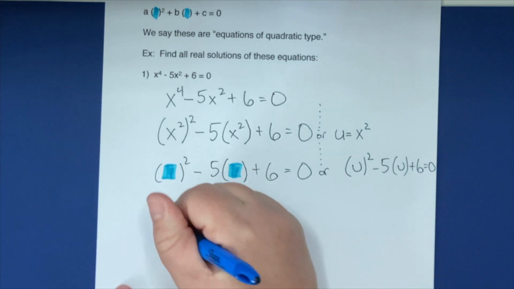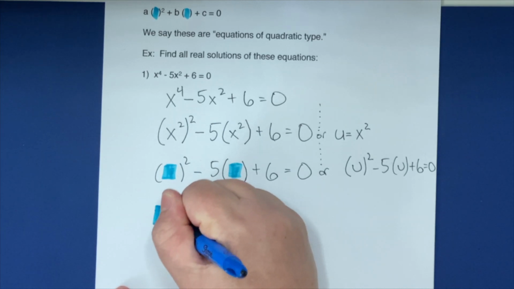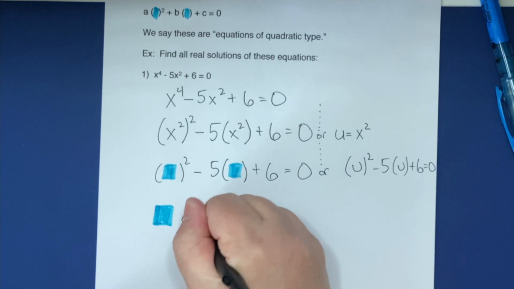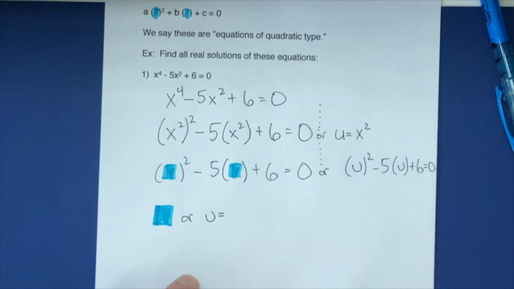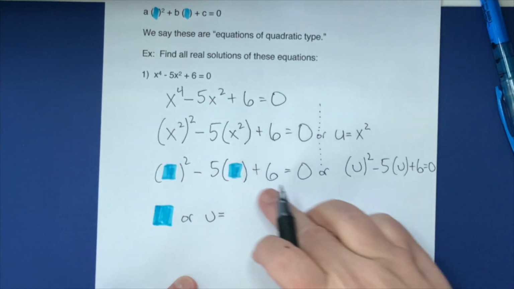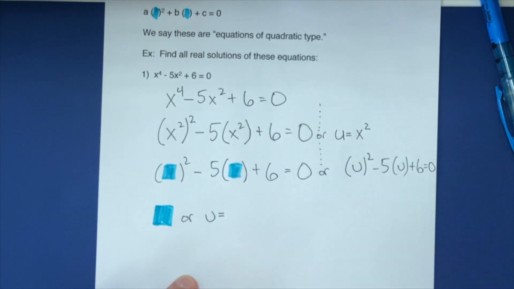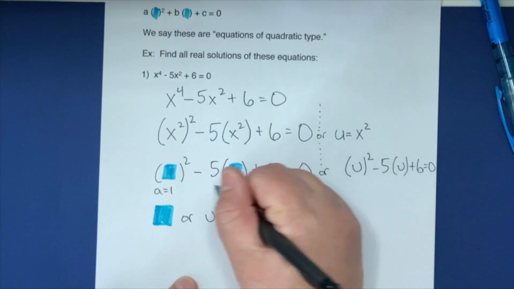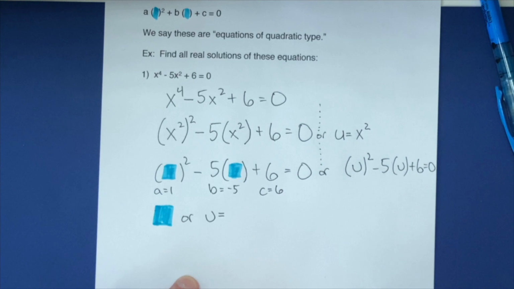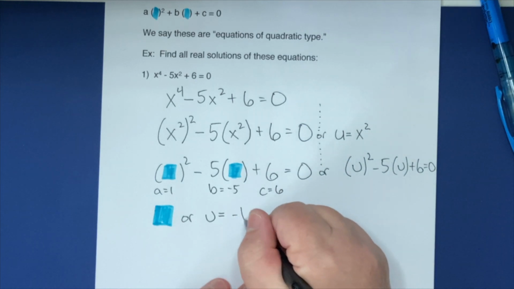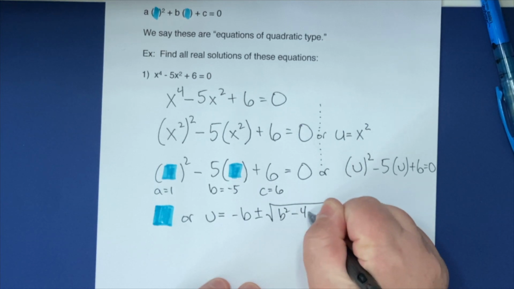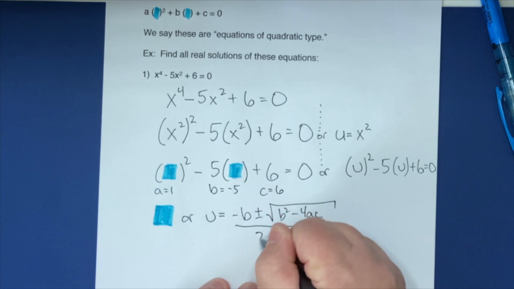So in this case, we've got blue thing, or you could say u. And then we use the regular quadratic on this form, not this form, but this form. So where we've got a equals 1, b equals -5, and c equals 6. So we've got the opposite of b plus or minus radical b squared minus 4ac all over 2a.